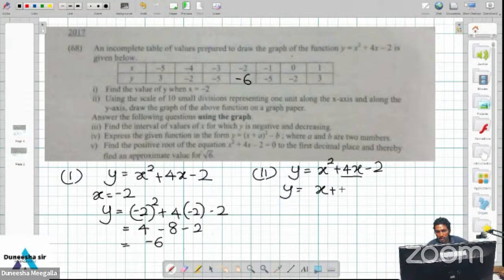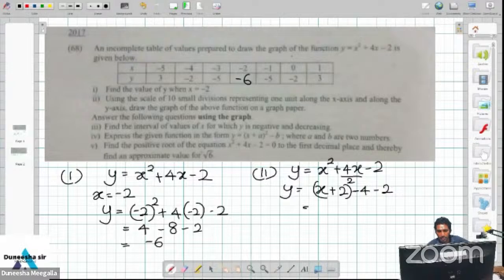What is half of this? Equal to x plus 2 square. Then we subtract the last number. It's minus 2. Okay. And minus 2. Minus 2 is here.